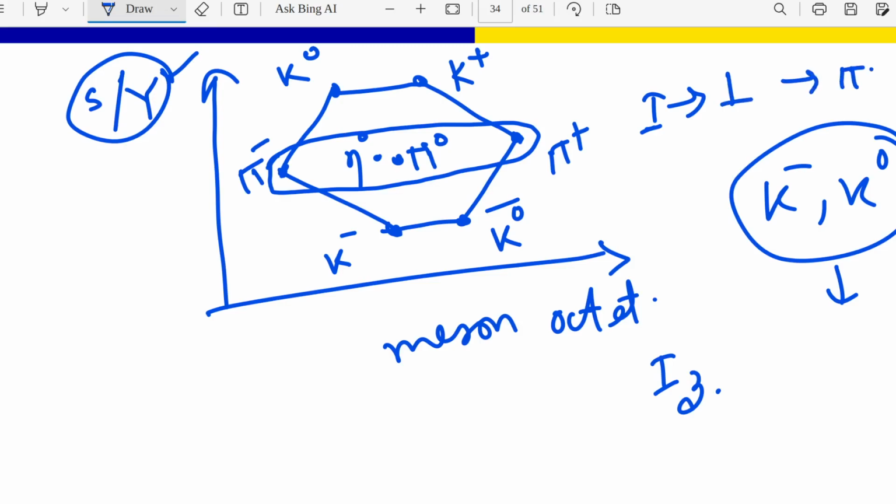If for pi I is 1, then how many I3 values will there be? There will be 3 I3 values: minus 1, 0 and plus 1. So for pi minus, the associated I3 will be minus 1. For pi 0, the associated I3 will be 0. For pi plus, it will be 1.